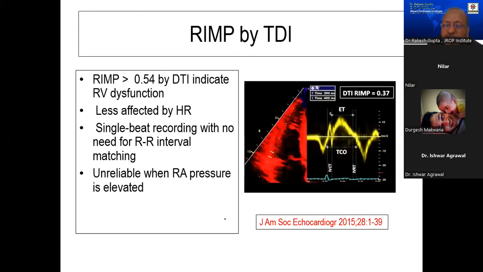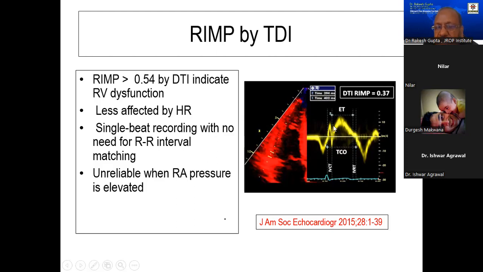This can also be calculated by RV free wall TDI. This is tissue Doppler imaging, keeping a sample volume by pulse wave on the RV free wall. What we get is systolic and diastolic flow patterns. So what would be the RV tricuspid valve closing and opening time? Here is the A wave closure before isovolumic contraction time. So this is A wave closure, this is A wave, E wave opening.